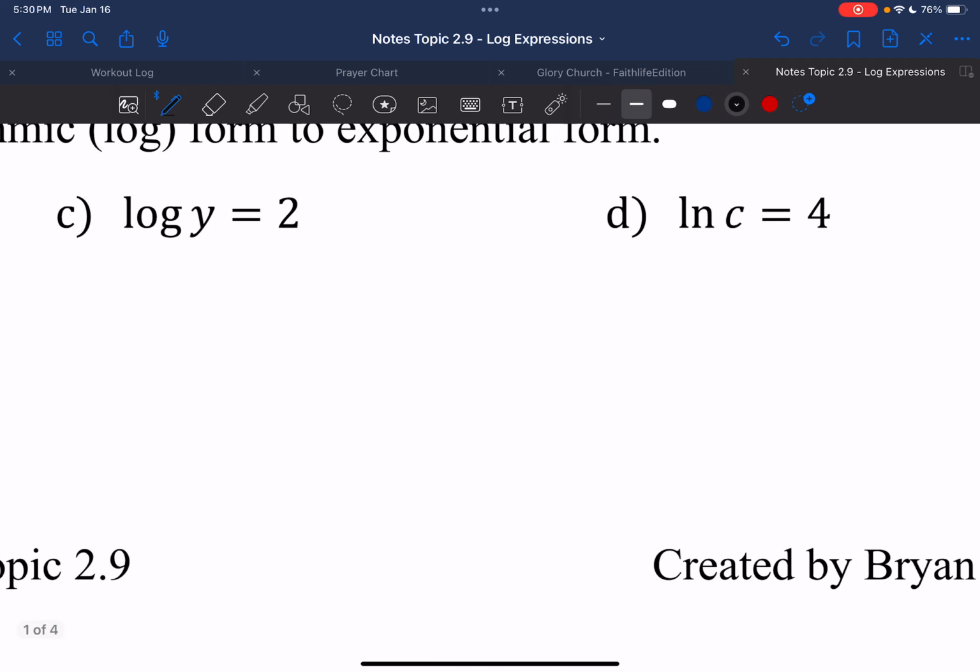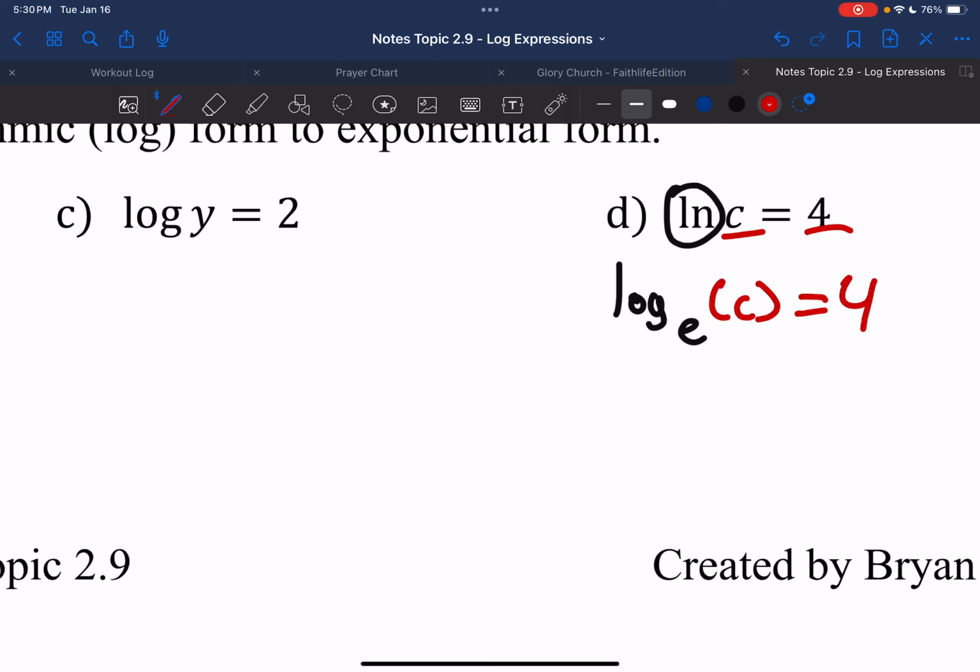And then here, anytime I see ln, remember, I can rewrite this ln, I'm going to write it in black here, as log base e. Write the rest here, log base e of c equals 4. That's what ln is just short for, log base e.